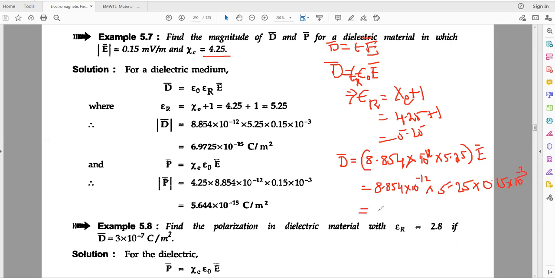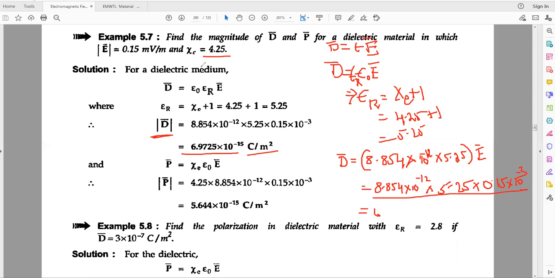That is equal to the D bar in coulomb per meter square, with volt per meter as the electric field. Multiplying this, you get 6.97 into 10 to the power of minus 15 coulomb per meter square. It's the magnitude of the D bar.